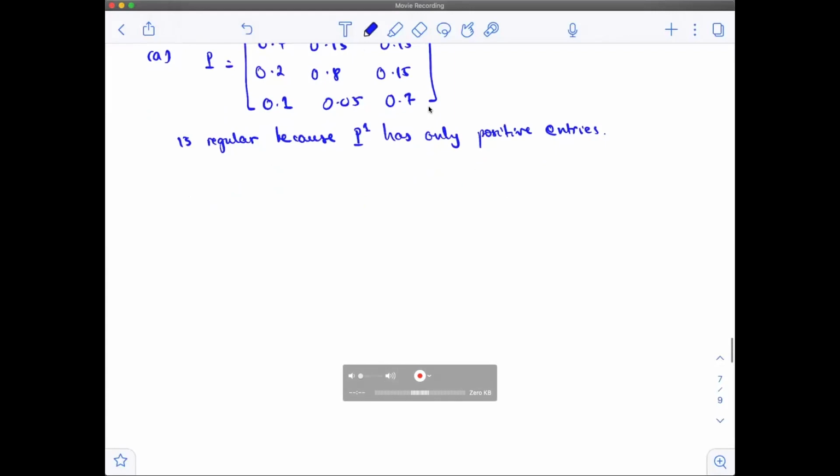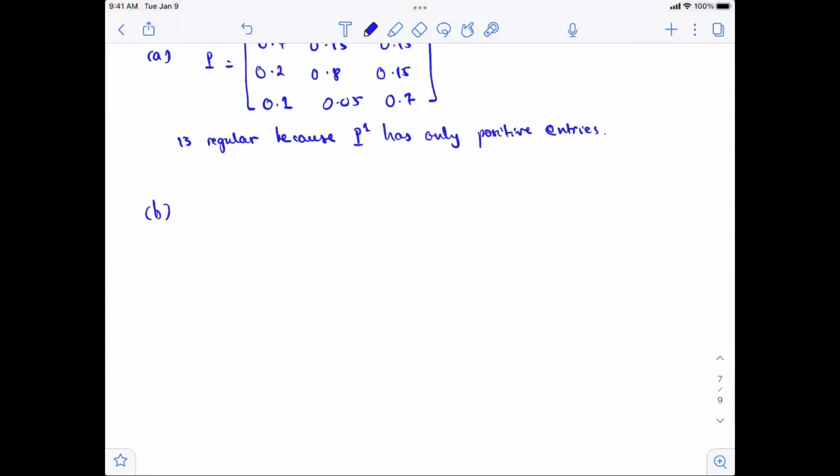The next example I can have is the following matrix P equal to 0.5, 1, 0.5, 0. Okay, so there is a 0 in the matrix, so P to the first power will not have all positive entries, so P1 will have a 0 entry, so that is not a regular matrix by itself.